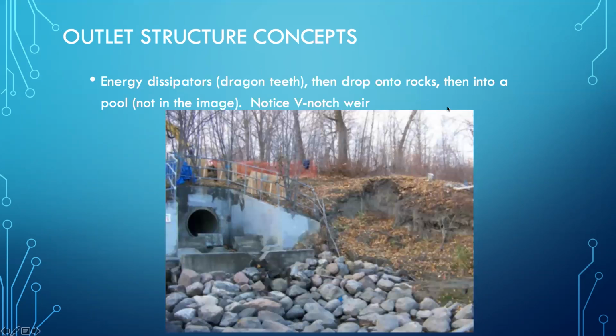And then we get the cases where nothing seems to work and we just armor the heck out of everything. So here the flow would be coming out of this pipe, and the engineer put these energy dissipators, a weir.